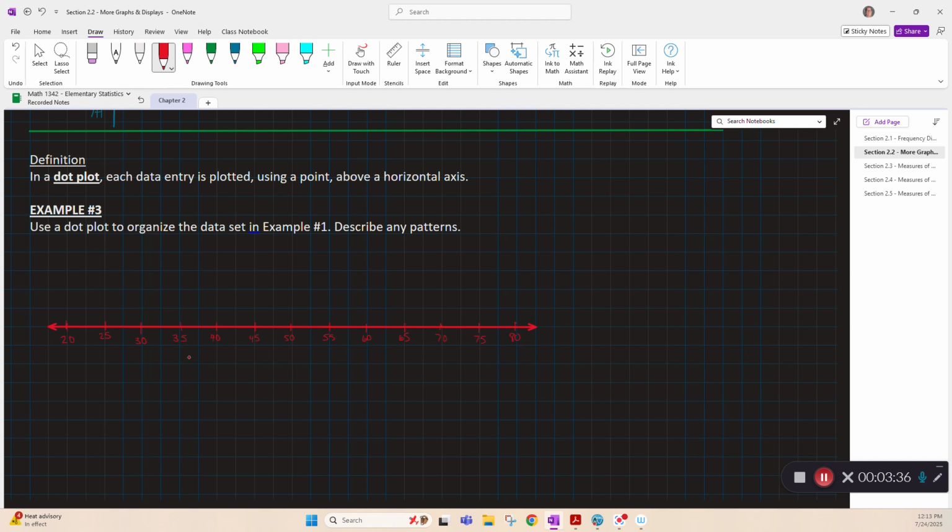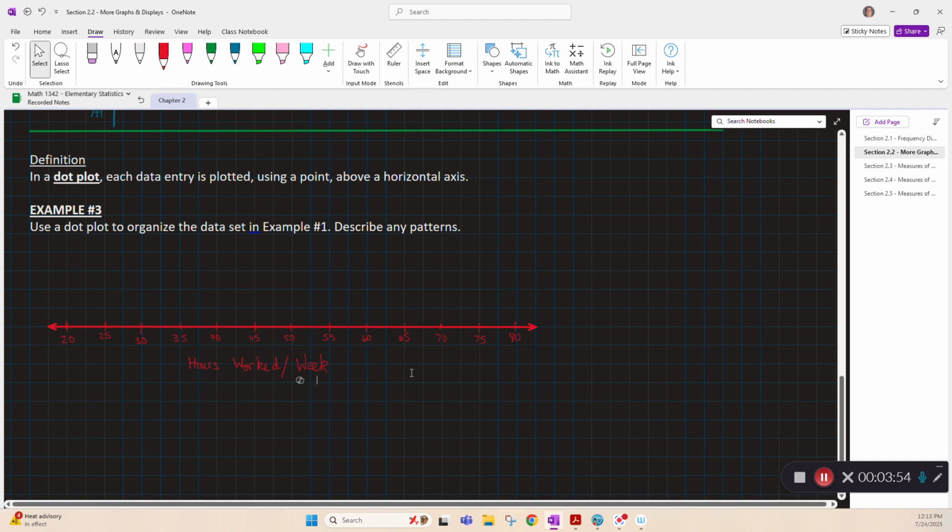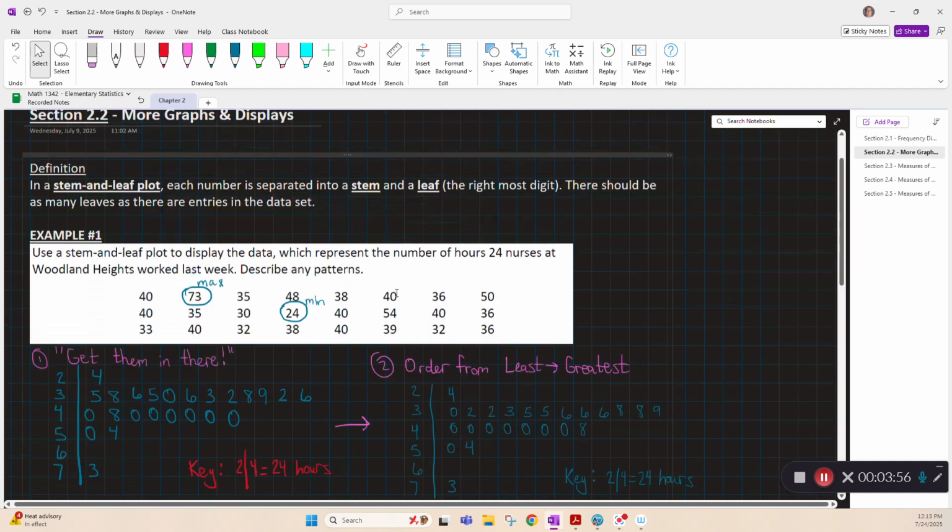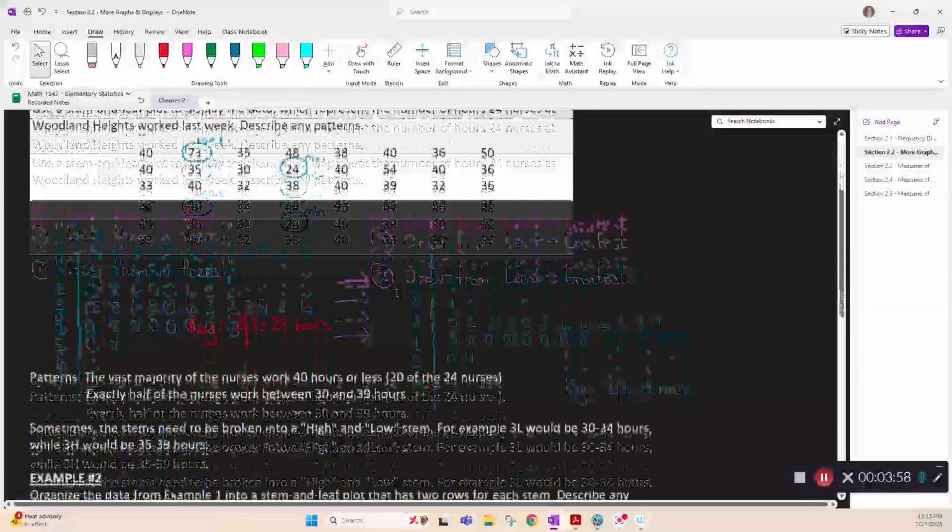So this is hours worked per week. Okay, and then we go through and we put our dots on the line. Now I'm going to use the original data set.